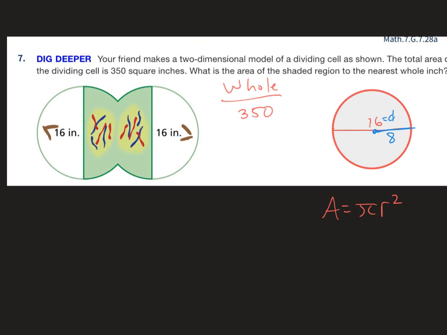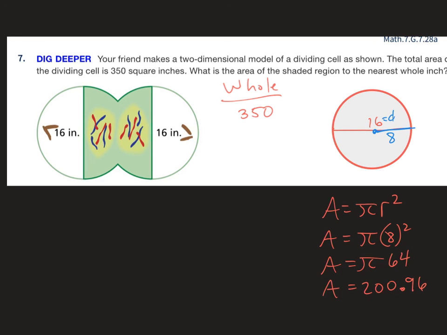So let's do our problem. Area equals pi times 8 squared, which is pi times 64, or 64 pi. Using 3.14 on my calculator, times 64 is equal to 200.96. Pause the video and see if you know what to do next.